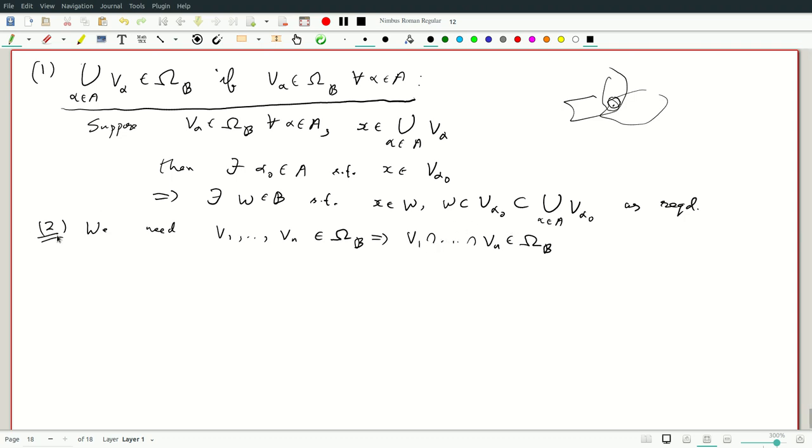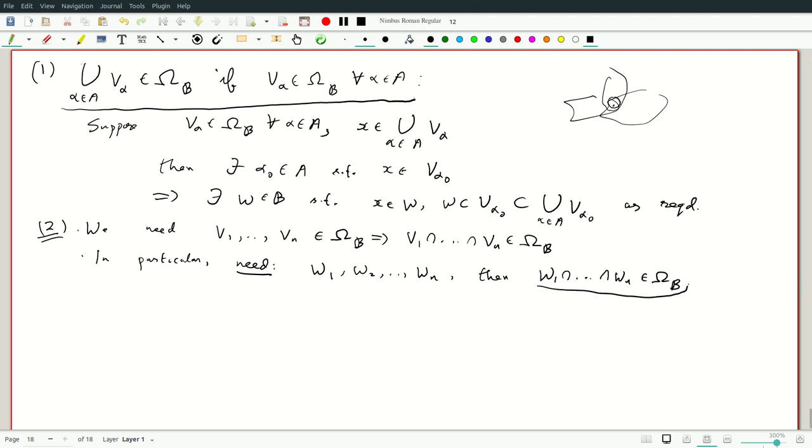So condition 2. I'm not going to prove 2. We are trying to understand what is the condition where it is true. So in particular, if we specialize, we need the following condition: if we took basic sets W1, ..., Wn, they are open, then W1 intersection ... intersection Wn belongs to omega B. You can write it this way.